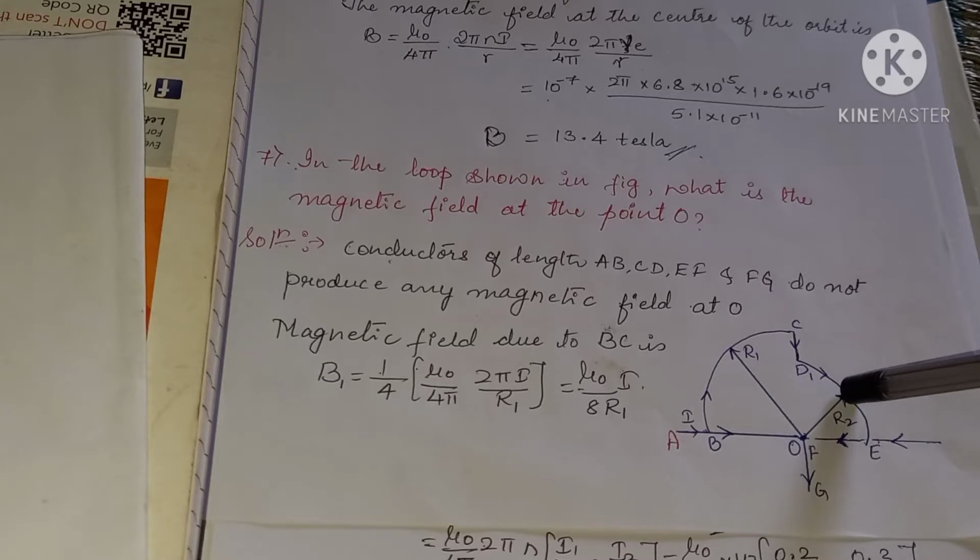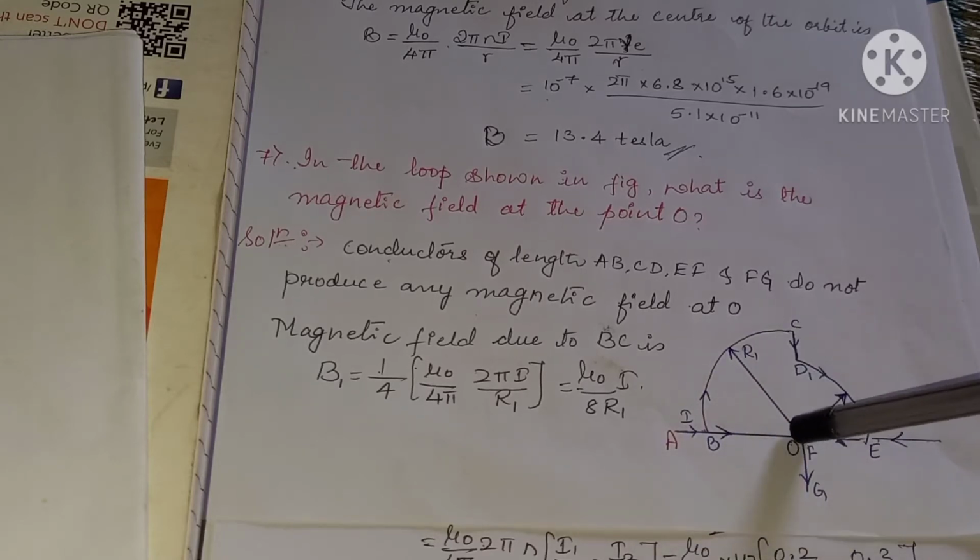We have to see, due to these two loops, what the magnetic field is at the point O.